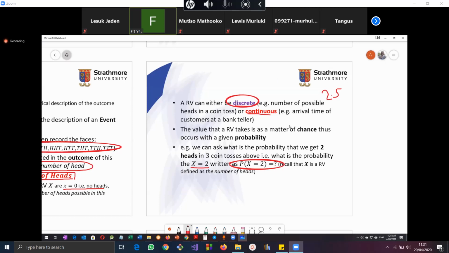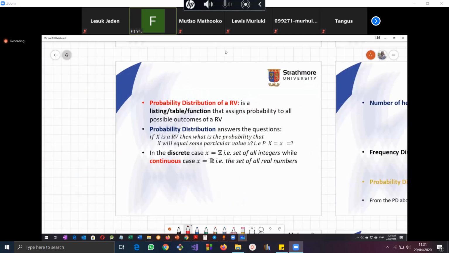So now let's go to a probability distribution. Probability distribution is going to be the heart and soul of our study in machine learning. So probability distribution of a random variable, it is a list, table or a function. So mostly we'll use a function that assigns probability to all possible outcomes of a random variable.